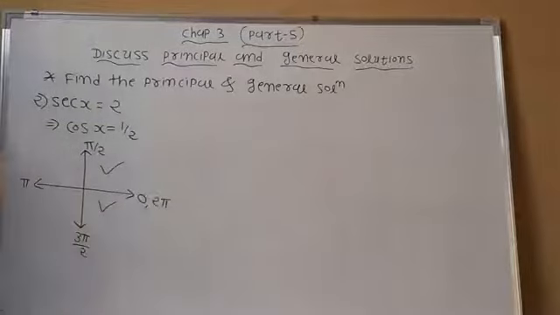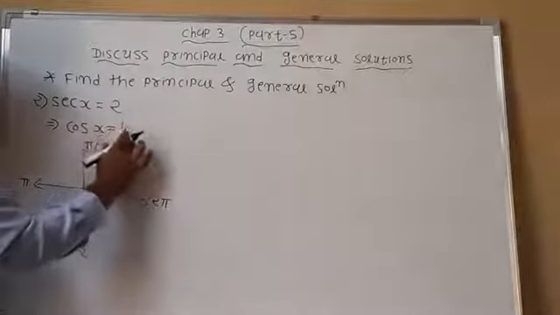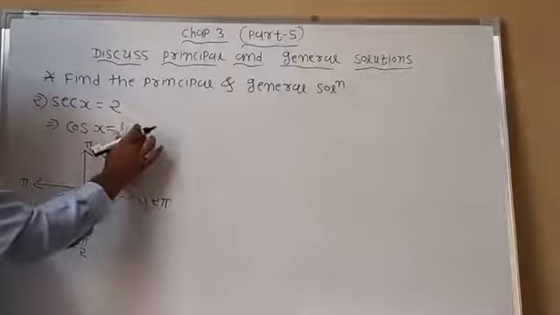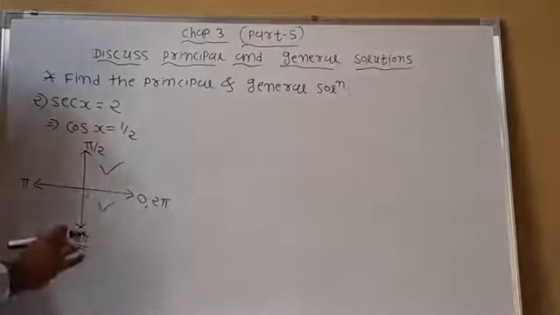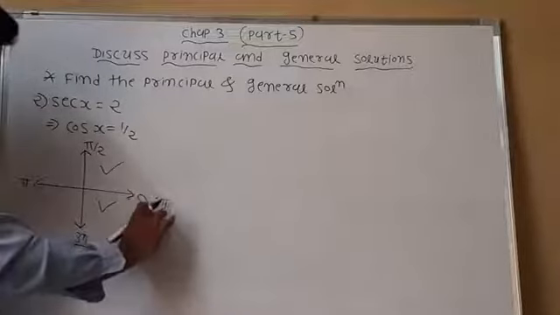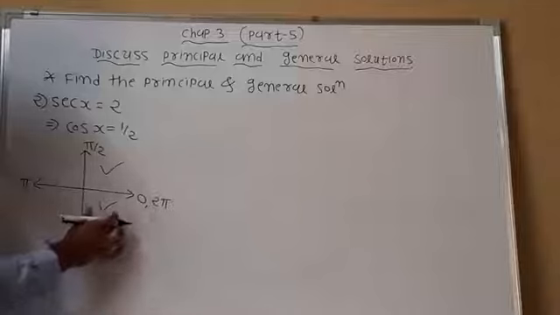Okay. Now after using the trigonometry table, we know that cos 60 degree is equal to 1 by 2. Here cos form is present, so here in place of 1 by 2 written cos 60 degree. And another value, how can we find out? So 2 pi minus 60 degree.